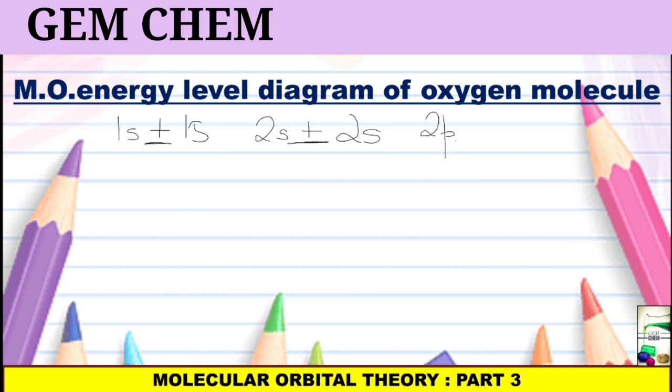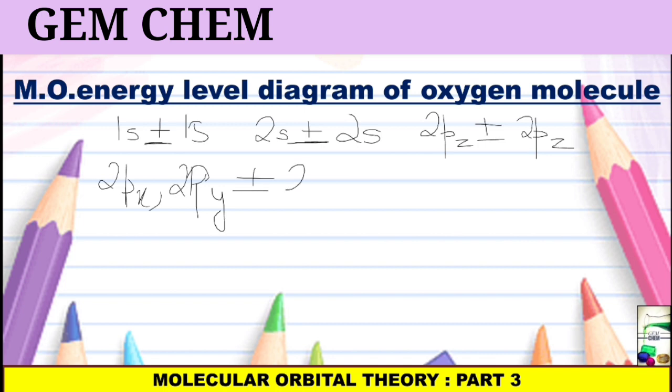This 2pz will combine in phase and out of phase to form sigma 2pz, and the other two, that is 2px and 2py, will form pi bonds. When they combine in phase, they will form pi, and when they combine out of phase, they will form pi star.